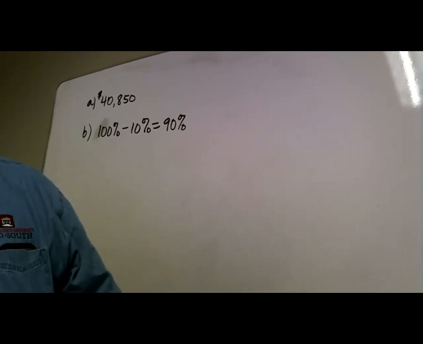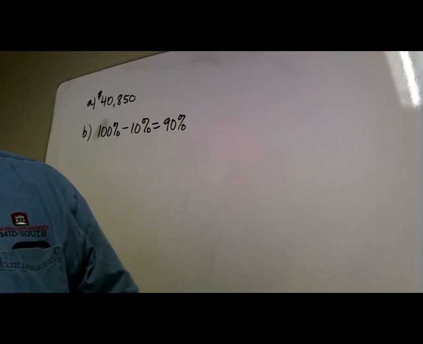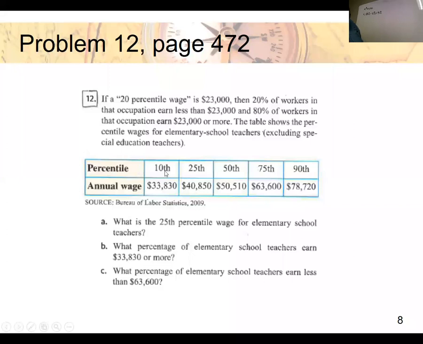Okay. Questions about part B? Oh, here's the 10th percentile, yeah, it's up here. Because that corresponds to the 10th percentile. Okay. And now for part C, what percentage of elementary school teachers earn less than $63,600?